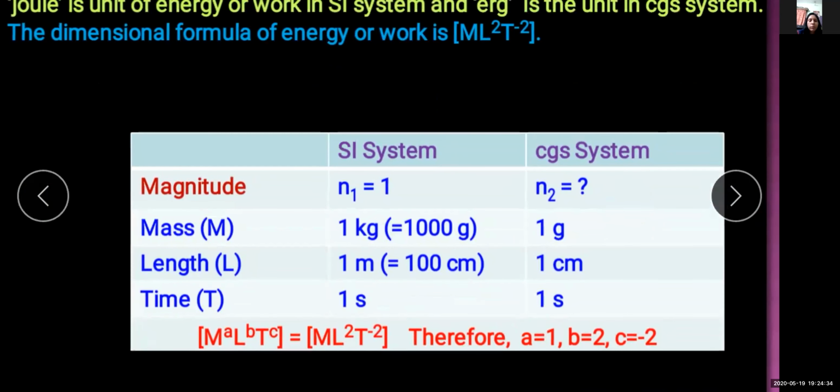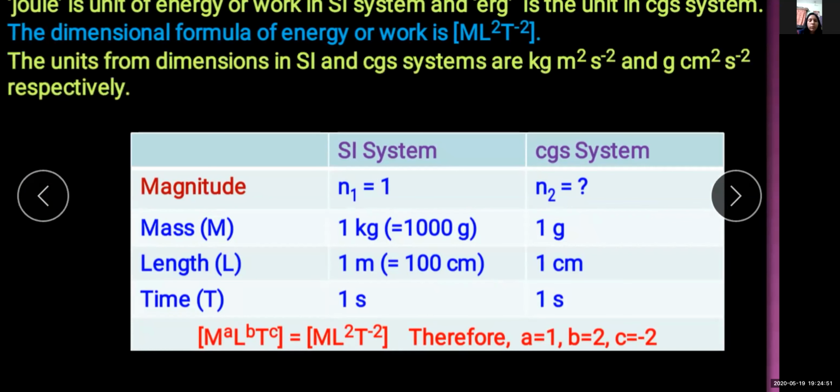Now write the formula: M^a L^b T^c equal to M L^2 T^-2. Therefore, a equals 1, b equals 2, c equals -2. Units from dimension in SI and CGS systems are kilogram meter squared per second squared or gram centimeter squared per second squared. Here let n1 be joule and n2 be erg.